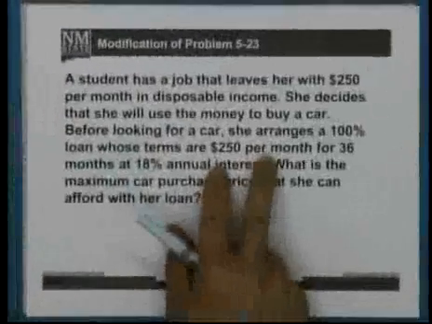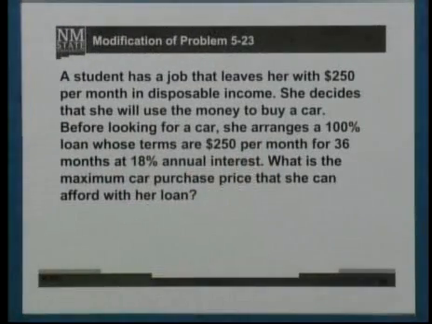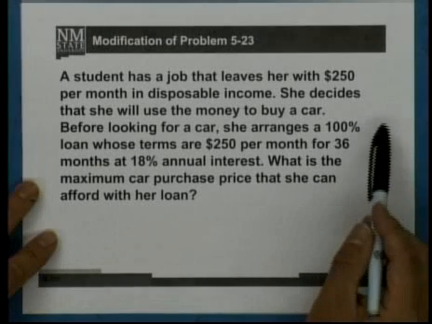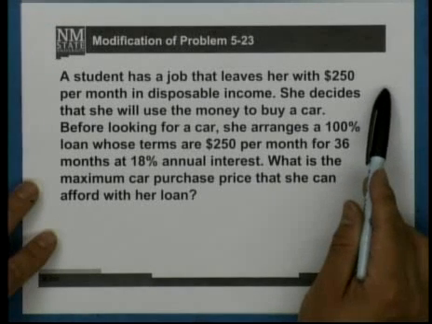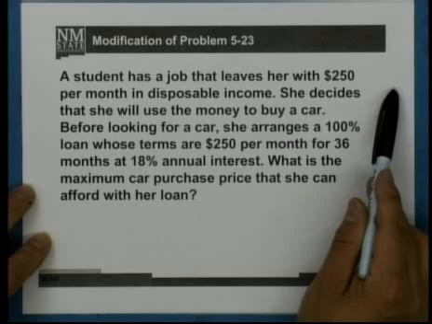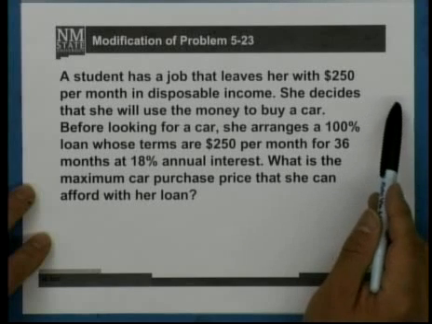So next problem that you are going to solve is a little modification of problem number 5-23. Okay. A student has a job that leaves her with $250 per month in disposable income.